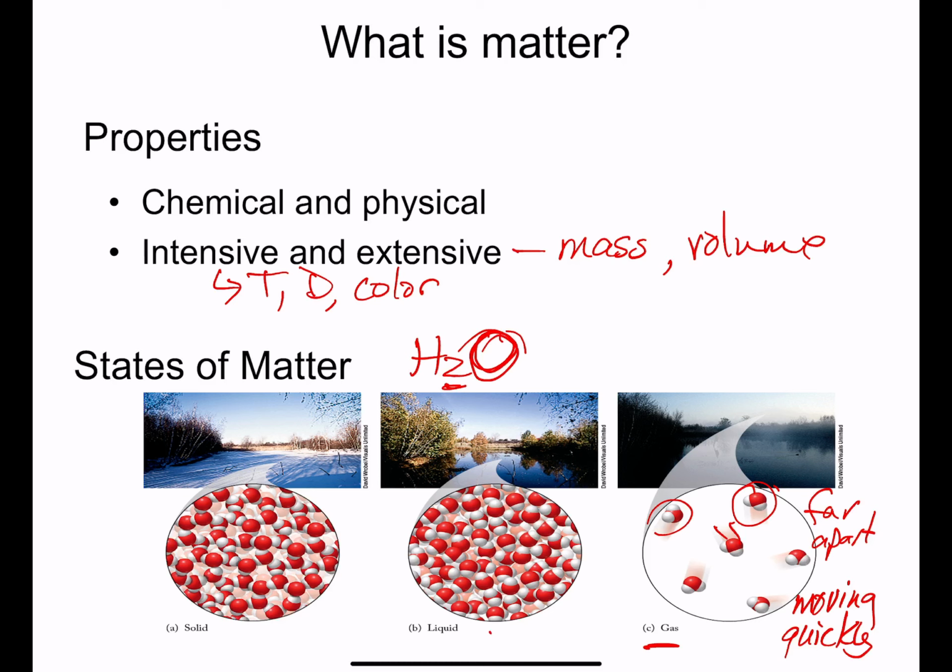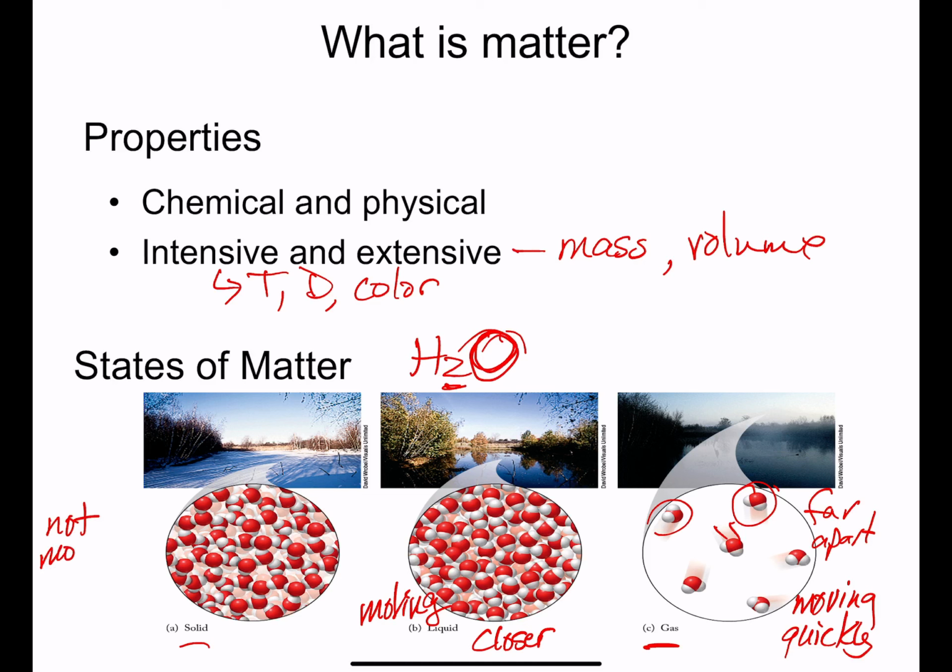For liquid, we see the molecules are much closer together. They are also still moving. You can't see this in the picture, but if you were watching them, you would see that they are moving. And we see that the liquid in the lake is a liquid. In the winter, when it freezes, the lake freezes over, or there's snow, we have solid water, and we see there's a different packing pattern for the water.